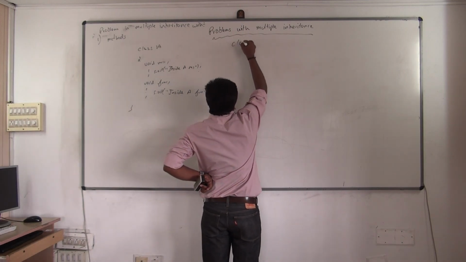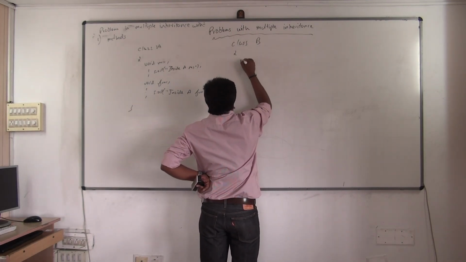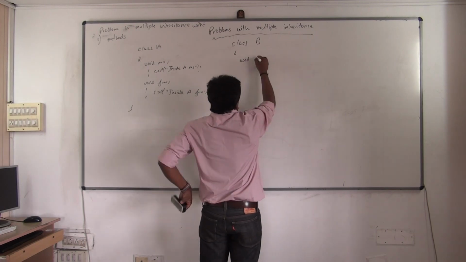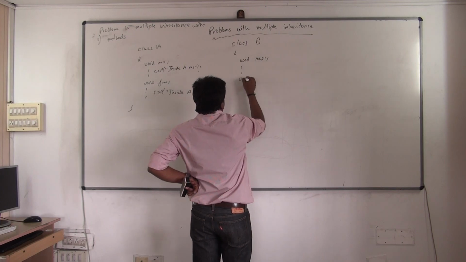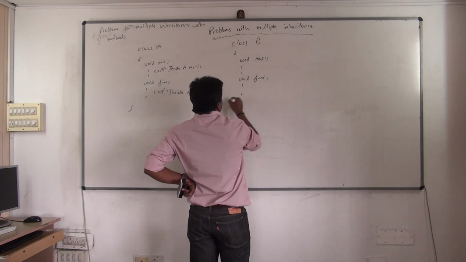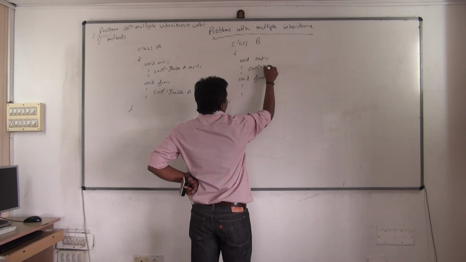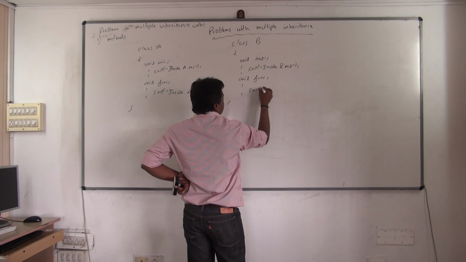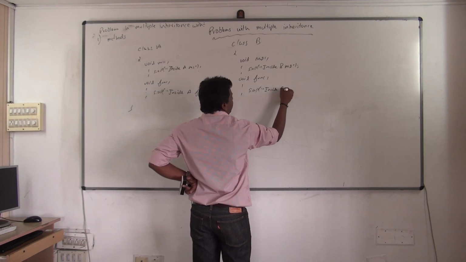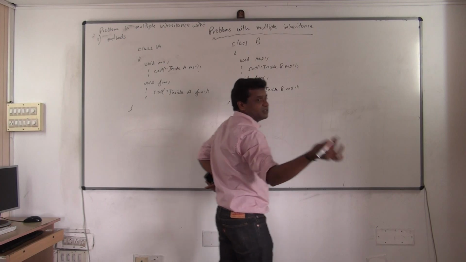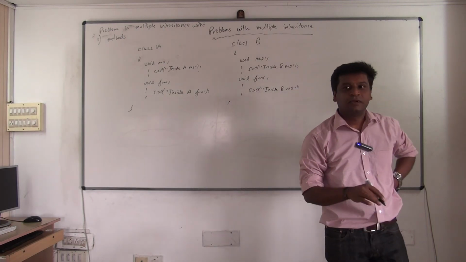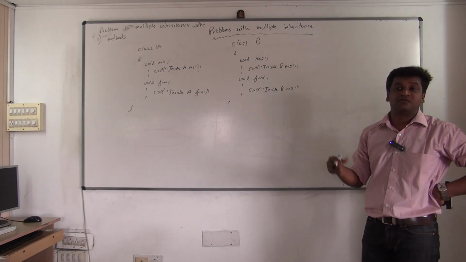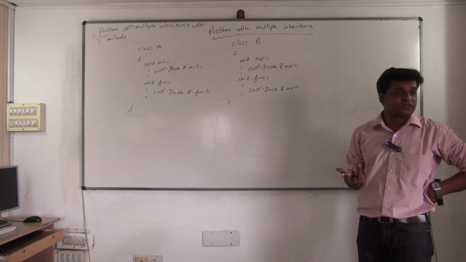Next, class B is there, with void M2, a different method, but again it can have the same method name, yes or no? Now this is not overloading and not overriding. This fun you are seeing here is neither overloading nor overriding. Why? Because it's in a different class, not related. Definitely I can have it. So I can have many methods with the same name in different classes also.